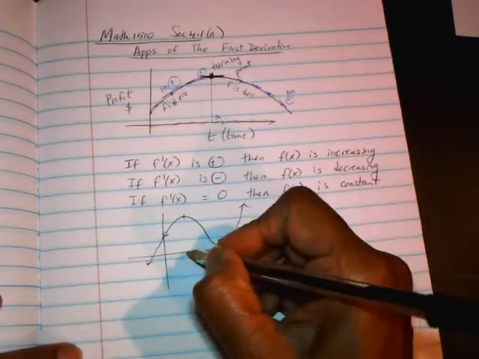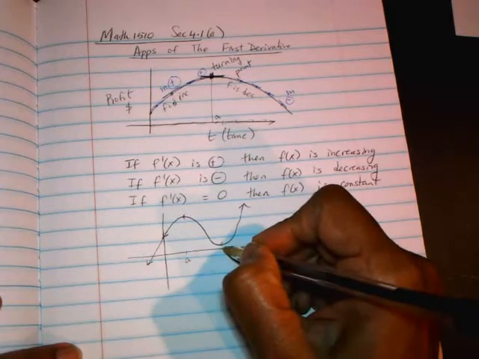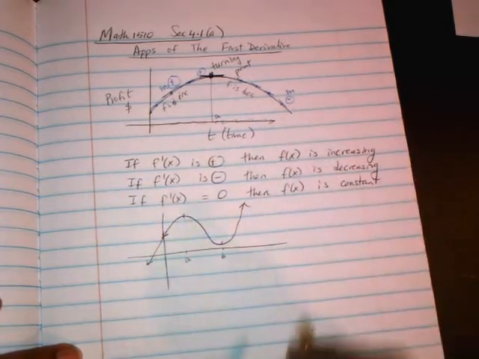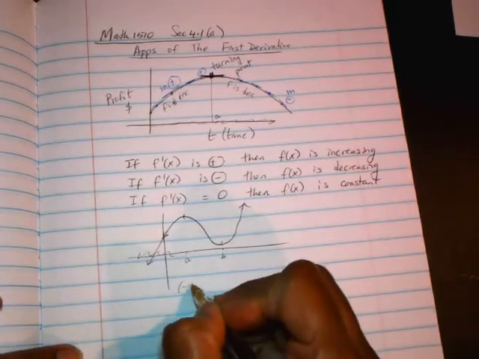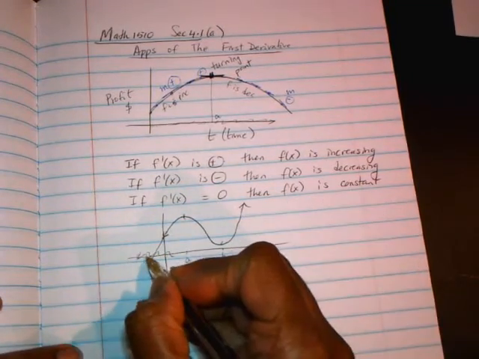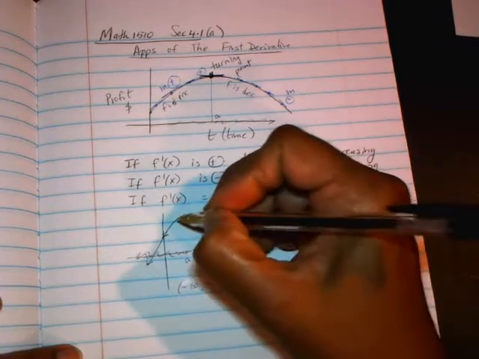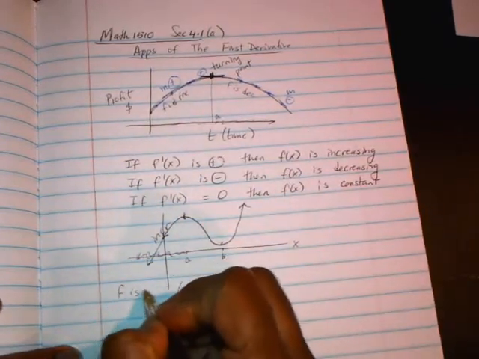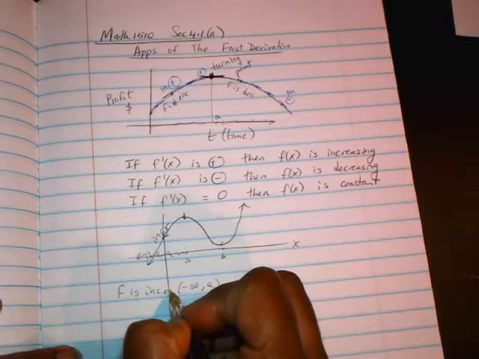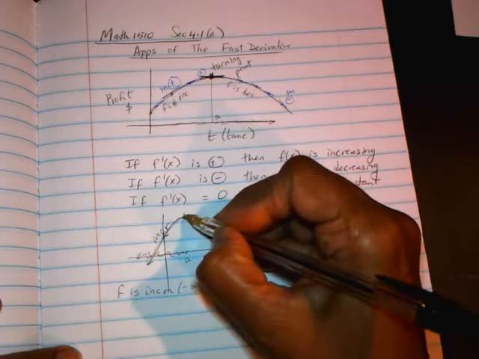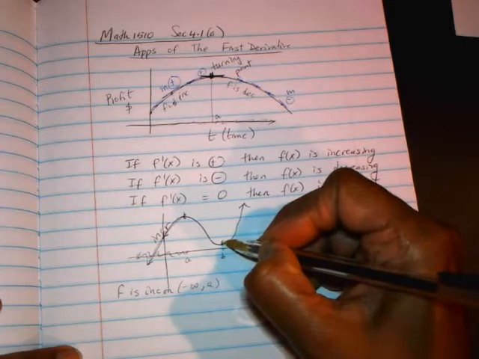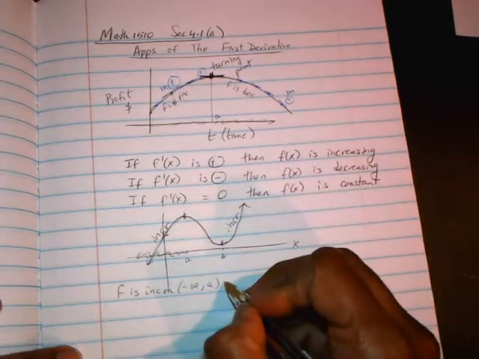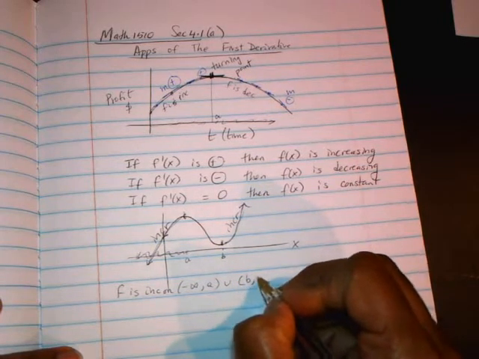So let's say this point where it turns first is a, and let's say that is b, then you would say that from negative infinity to a, that's corresponding on the x-axis, up to here, the function is increasing. So you'd say f is increasing on the interval from negative infinity to a, and then again from b to infinity it's increasing again as you go from left to right. So you put a little union symbol, b comma infinity.